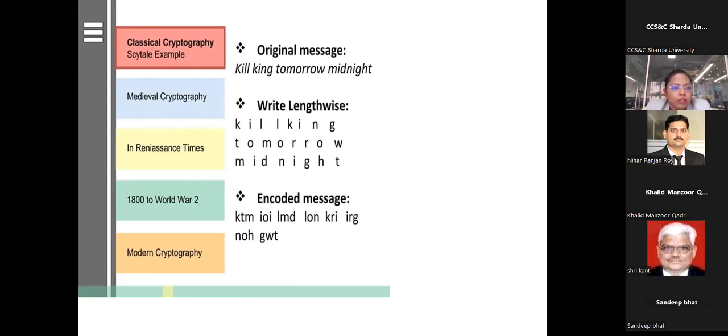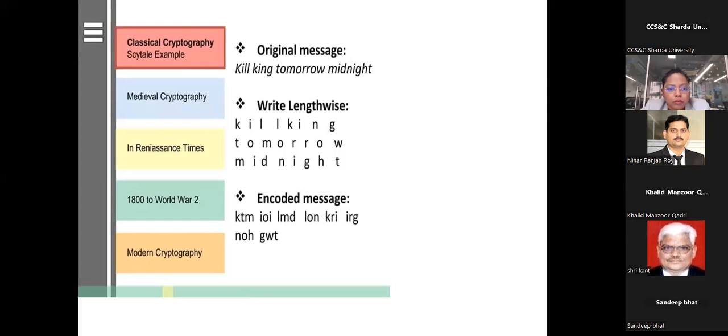You can see the information they wanted to send: kill the king tomorrow midnight. You can see how it is written: kill king tomorrow midnight. It is written row wise.